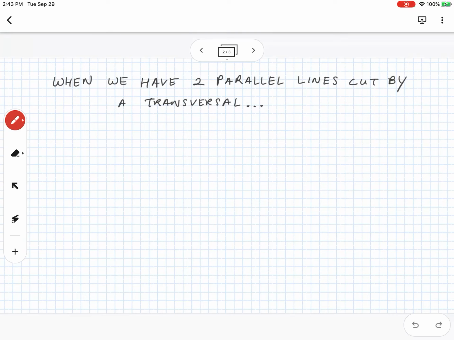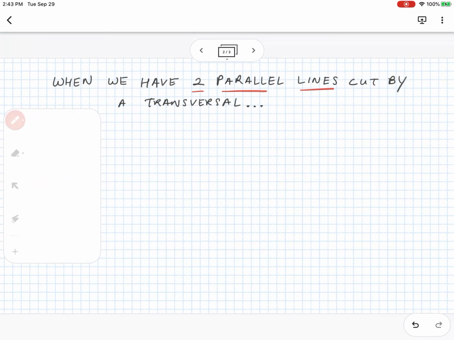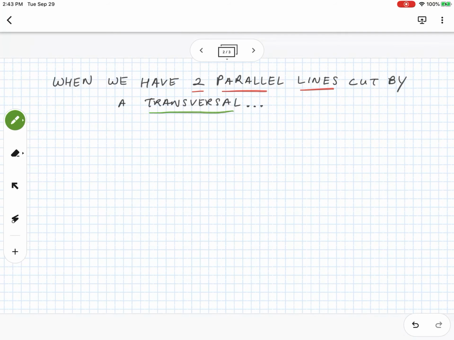So let's consider this scenario, and this is the classic scenario of this chapter and really a big part of geometry. When we have two parallel lines that are cut by a transversal. So first, let's draw two parallel lines. Okay, this is how we would show two parallel lines, by having them not meet.